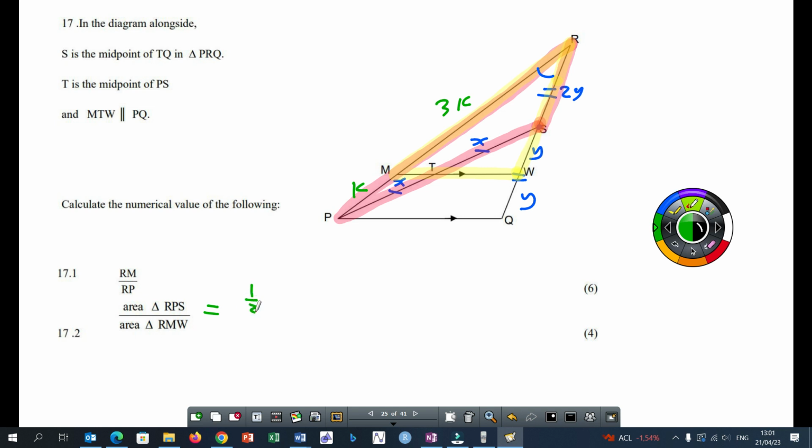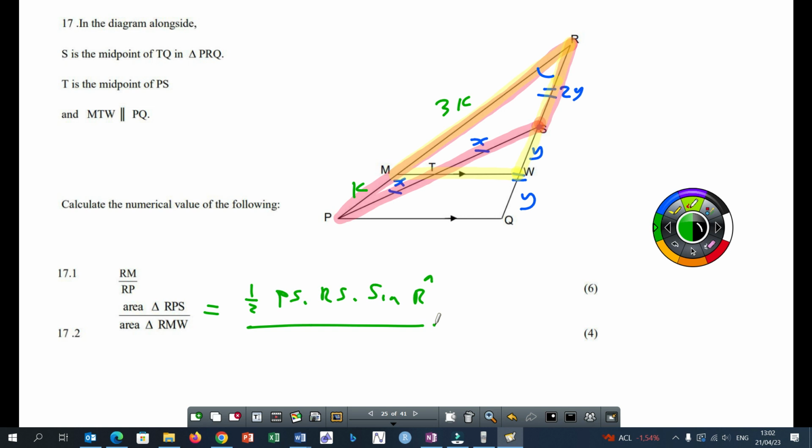So this will be equal to half, if I start with RPS, so that will be PS times RS times sine R, all over the area of RMW.